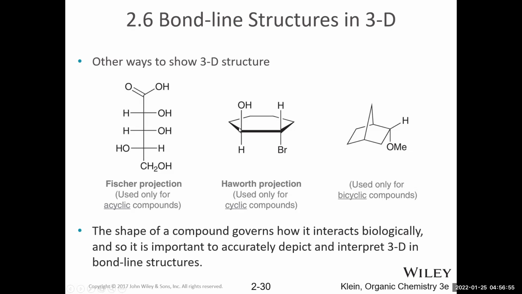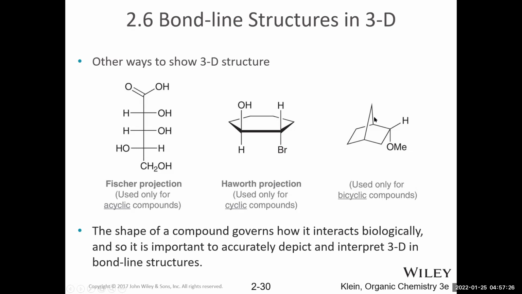A Haworth projection is an attempt to draw a ring, not drawn completely up and down in 2D, but instead drawn this way, with groups either coming above the ring or below the ring. And bicyclic structures are also very difficult to draw in 2 dimensions. So you can sometimes see that we will draw them this way, where we have 2 what we call bridgehead carbons, and then groups going to the left, to the right, and above.